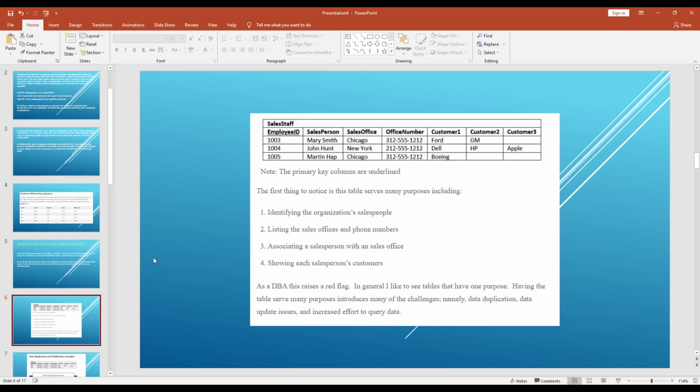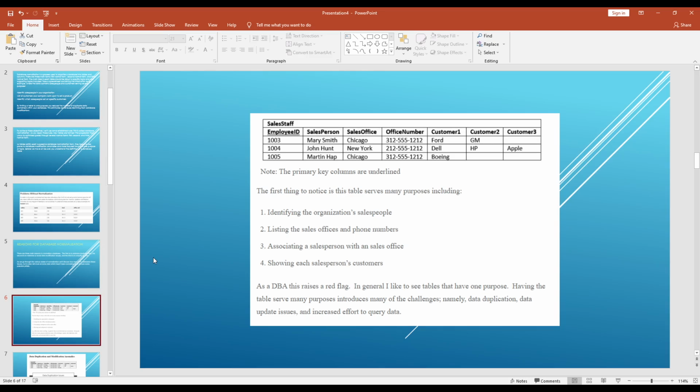And we go to the fourth column, office number. First row is 312-555-1212, and the second row is 121-55-1212, and the third row is 312-55-1212.